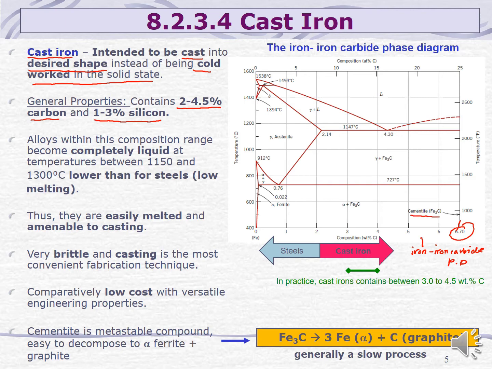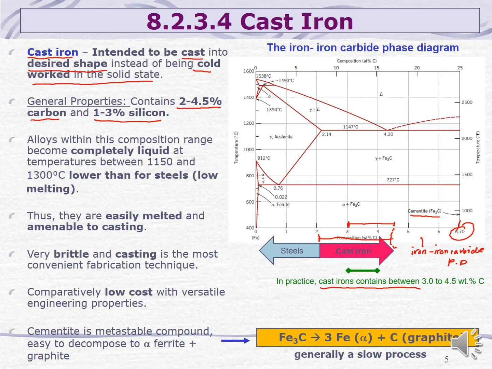For the cast iron, the composition of carbon is from 2 until 4.5. But in practice, most of the cast irons contain between 3 to 4.5% carbon. Okay, still in the range of the general properties for cast iron.